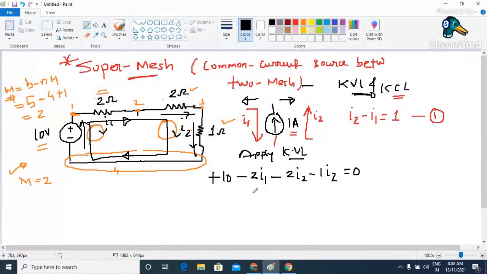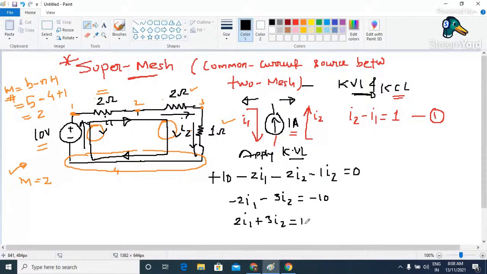If you solve this and rearrange the terms, you will get minus 2I1 minus 3I2 is going to be equal to minus 10, and multiplying both sides by negative, you will get 2I1 plus 3I2 equal to 10. Let this be your equation number 2. Now we have two equations.